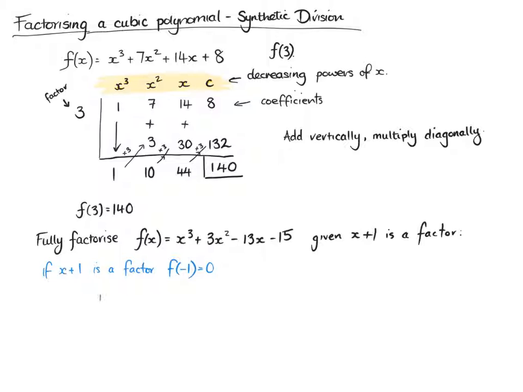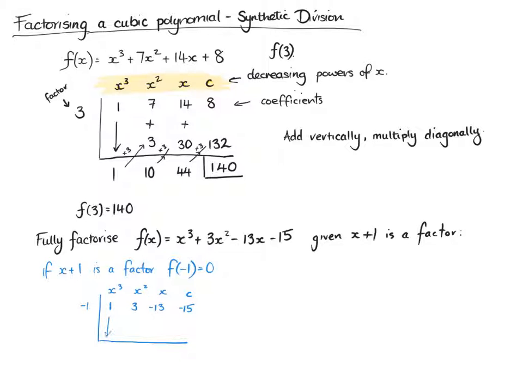And the synthetic division actually gives us our quotient as well, so the number that we're going to multiply by. So we've got our x cubed, our x squared, our x, and our constant. So the coefficients of those are 1, 3, minus 13, and minus 15. And then we've got minus 1, which is what we're multiplying by.